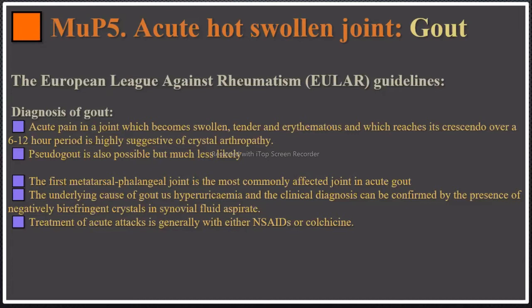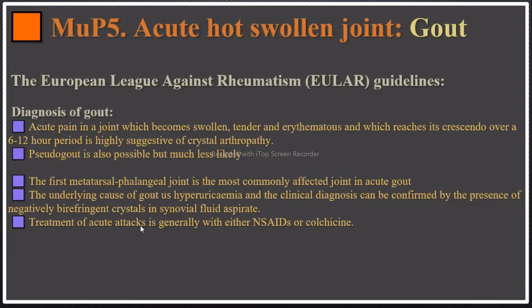Gout. The underlying cause of gout, hyperuricemia, can be another question. The clinical diagnosis can be confirmed by the presence of negatively birefringent crystals in synovial fluid aspirate. So think about gout, think about pseudogout, and think about negative, okay?